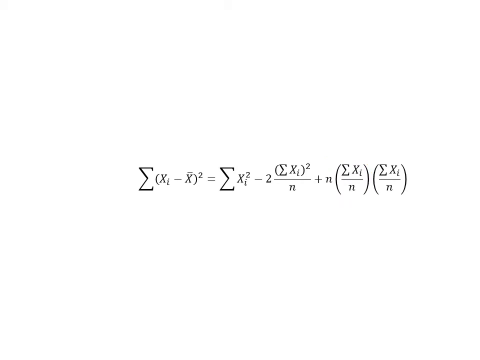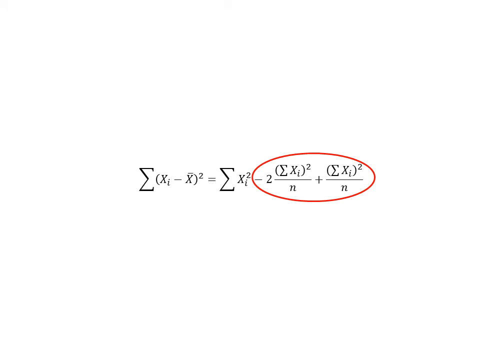We can cancel out the n outside of the fractions and one of the n's in the denominators, leaving us with the sum of x times sum of x divided by n. We can rewrite the sum of x times sum of x so that it is the sum of x quantity squared.